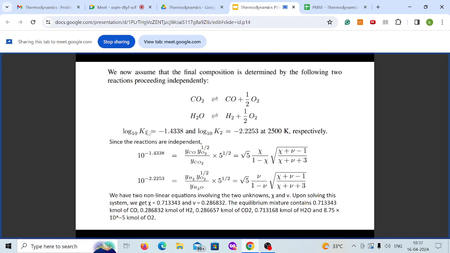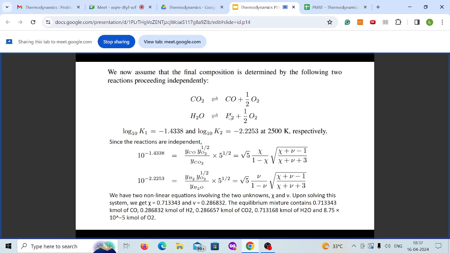So log K1, where K1 is the equilibrium coefficient for the first reaction, CO2 in equilibrium with carbon monoxide and oxygen, at 2500 Kelvin is minus 1.4338. Similarly for water in equilibrium with hydrogen and oxygen, the equilibrium coefficient log K is minus 2.2253.